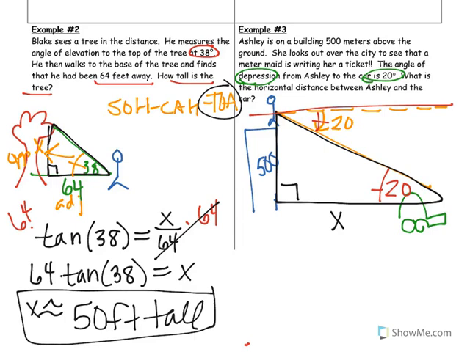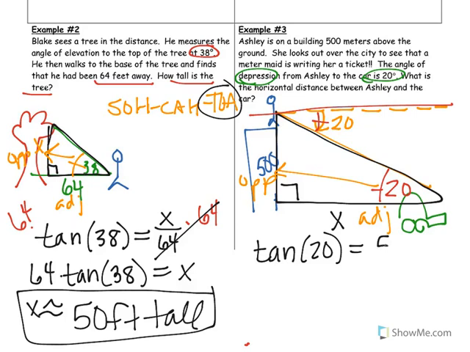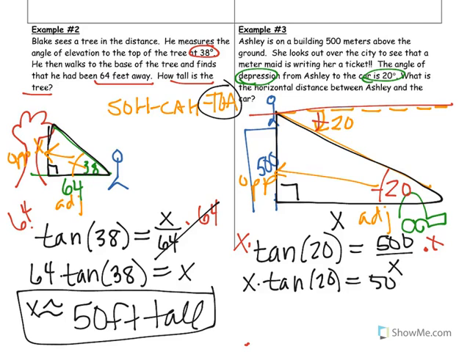So now let's use our trig ratios. I have the opposite side and the adjacent side. Again, kind of like the last example, that's our tangent function. So tangent of 20 equals opposite, 500, divided by x. And we've solved this equation before, so I'm going to multiply by x on both sides and get x times the tangent of 20 equals 500. I have an extra step here.